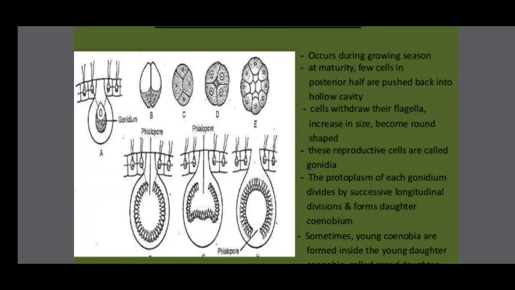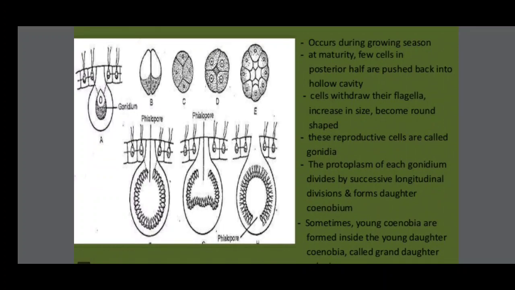The protoplasm of each gonidium divides by successive longitudinal divisions and forms a daughter coenobium. You see the diagrams B, C, D, E. The first division forms 2 cells, then 4 cells, 8 cells, and 16 cells. Due to the successive longitudinal divisions, a defined number of cells is formed, forming a daughter coenobium.